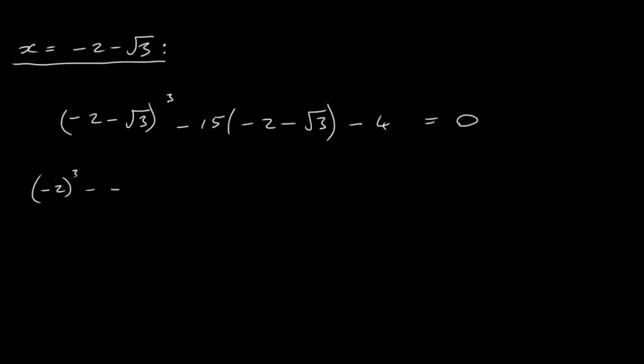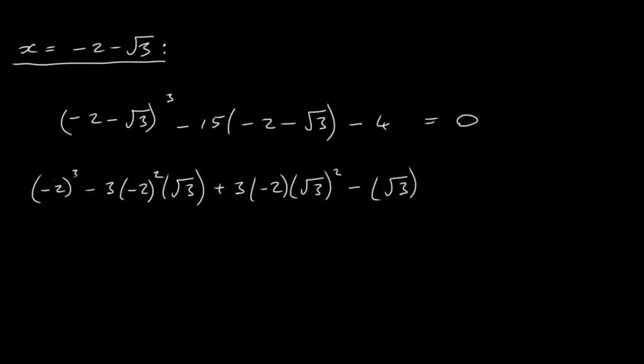So it's going to be minus 3 times minus 2 squared times root 3. It's going to be plus 3 times minus 2 times root 3 squared, and then finally minus root 3 cubed. Out here then we've got plus 30 plus 15 root 3 minus 4. Hopefully that's equal to 0.